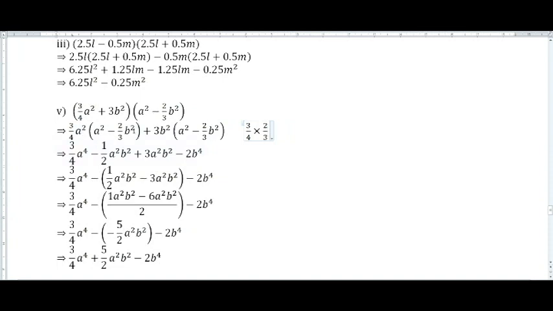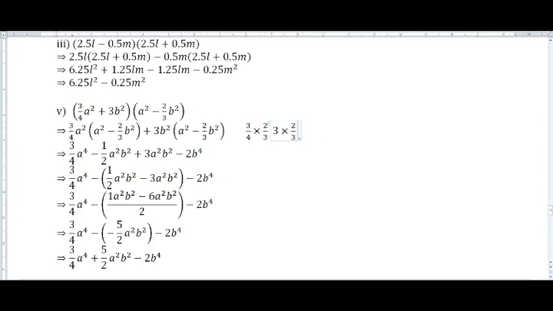Here a square is there, here b square is there, a square b square, plus 3 into 1, 1 is there, 3 into 1 is 3, 3a square b square, minus, here also we'll mention this, we write 3 into 2 by 3.